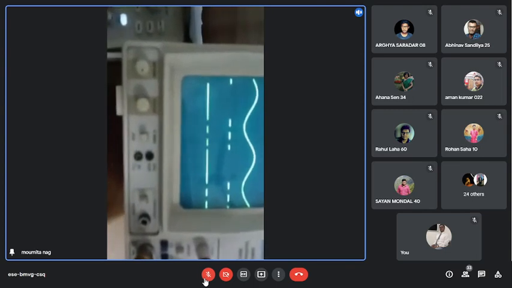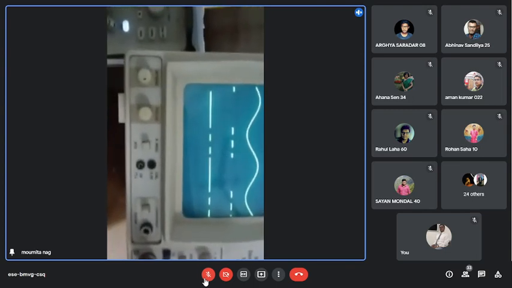If you cannot see the signal properly, then you cannot draw it.